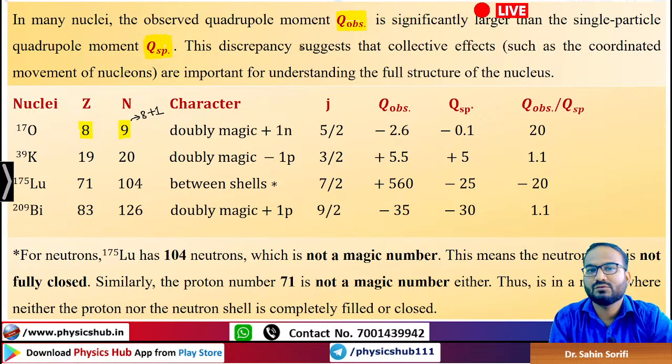So the observed quadrupole moment is 20 times more than the value obtained from the single particle shell model. This shows the discrepancy.